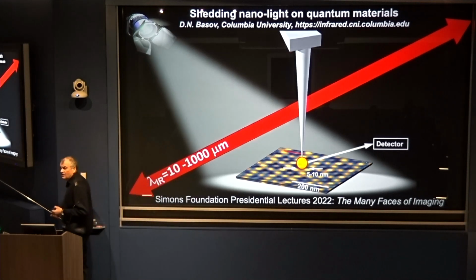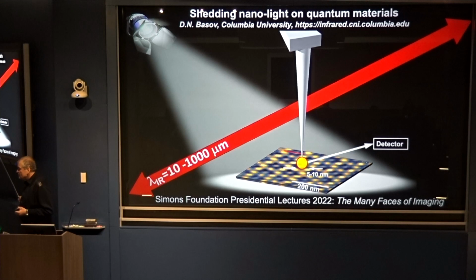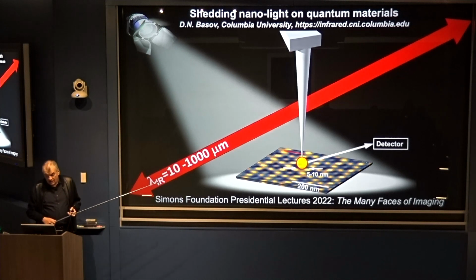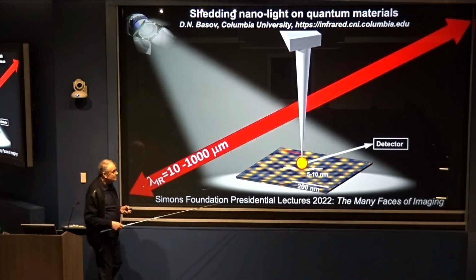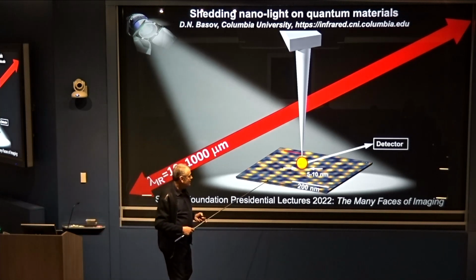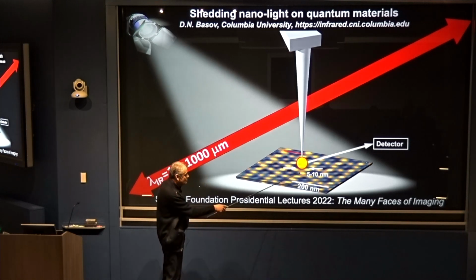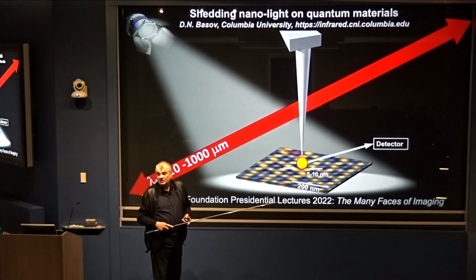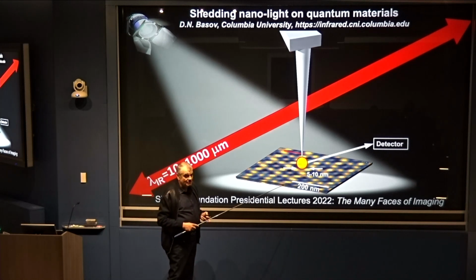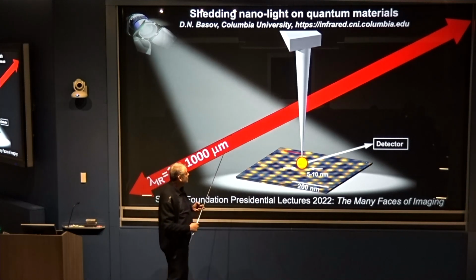You collect useful signal just from the area underneath the tip of this apparatus. And even with commercial tips that you can readily buy for very moderate prices, you go into single-digit nanometer length scales with this type of apparatus.